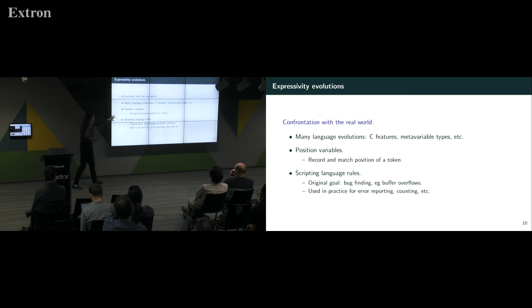So these two things, it was actually a master's student who wanted to do these things. He wanted to do bug finding, to find buffer overflows and all different kinds of things that Coccinelle is not very good at, because Coccinelle doesn't know anything about the values of things. So the idea was the scripting would let him reason about values of things. That idea actually didn't work out at all.